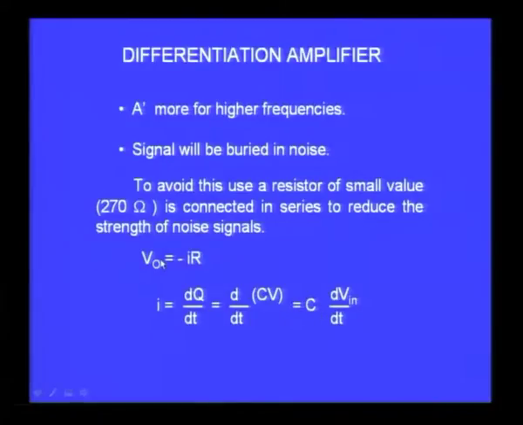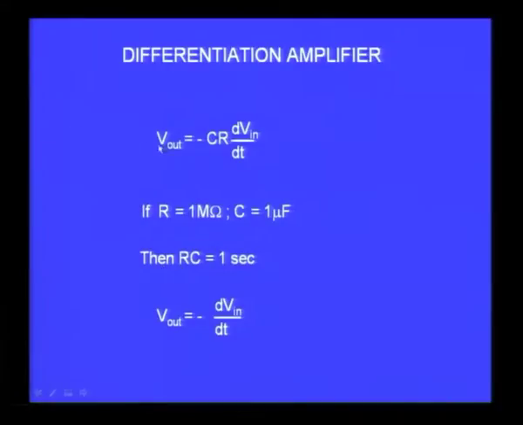Now we combine it with the output voltage, so the V output will now become I into R, that is minus RC or CR into dV in by dt. So this shows very clearly that the output voltage is the time derivative of the input voltage multiplied by a constant which comes into the game because of the value of the capacitance and the resistance that I have used in the circuit.